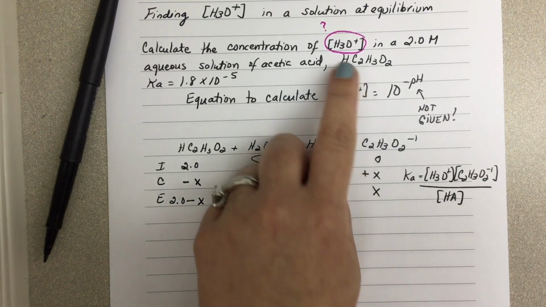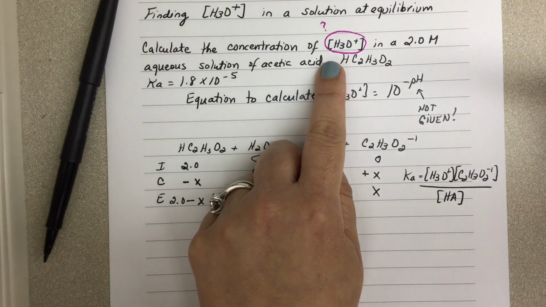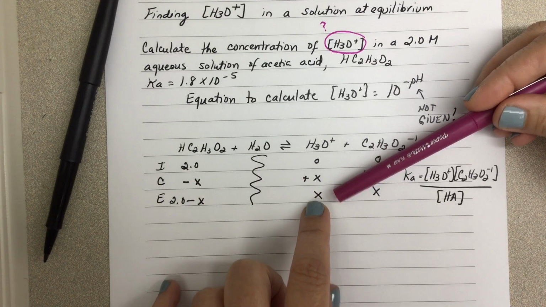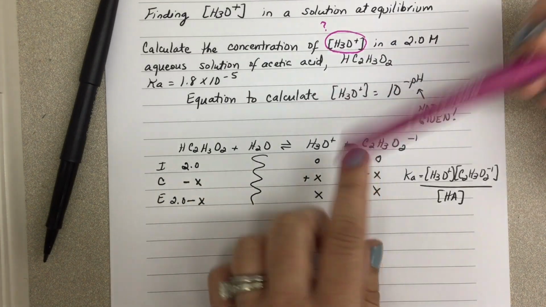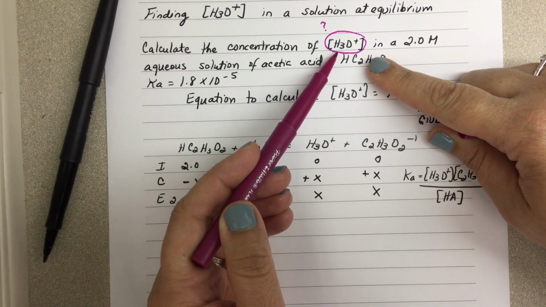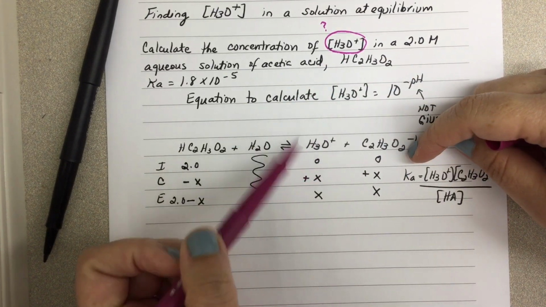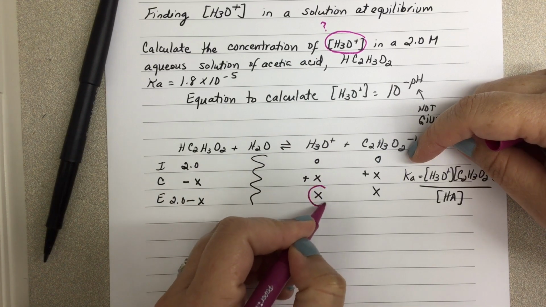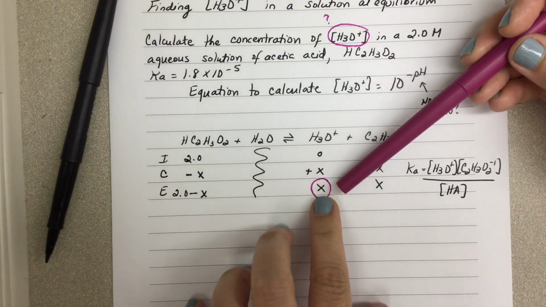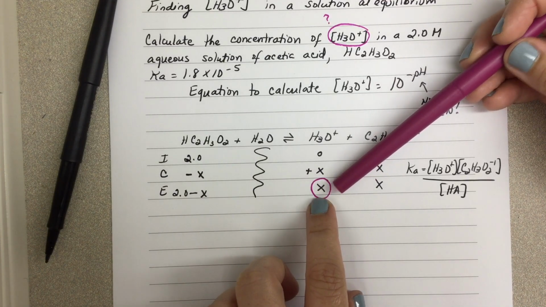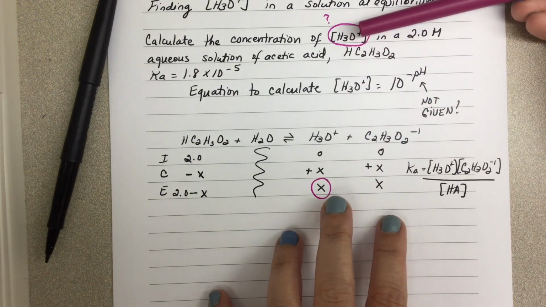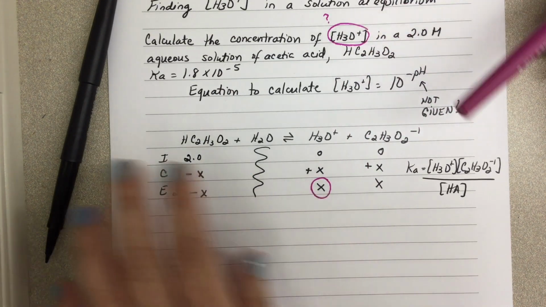What you're trying to find out is the concentration of H3O plus, and that is the concentration at equilibrium, because this is your equilibrium equation. Your concentration of hydronium at equilibrium is given by X, which means that if we find the value of X here, we can determine the concentration of hydronium because they are the same thing.